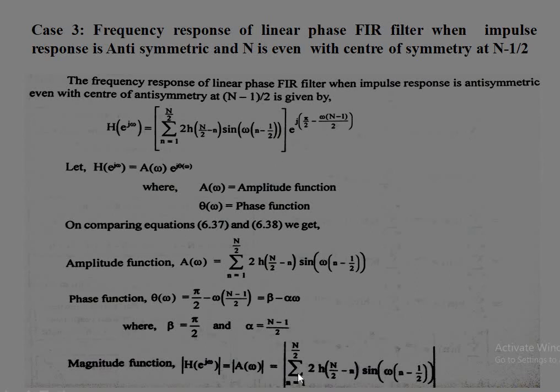And the magnitude function in this case was also given as sigma n is equal to 1 to N by 2 of 2 h of (N by 2 minus n) sine of omega into (n minus 1 by 2), and the phase here is equal to beta minus alpha omega, where beta is equal to pi by 2 and alpha is (N minus 1) by 2.